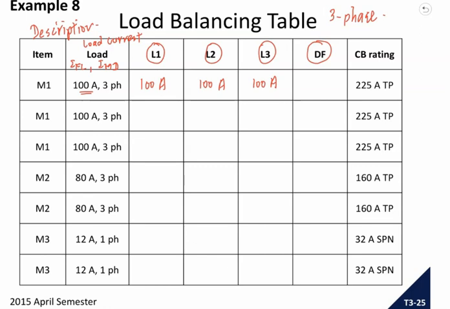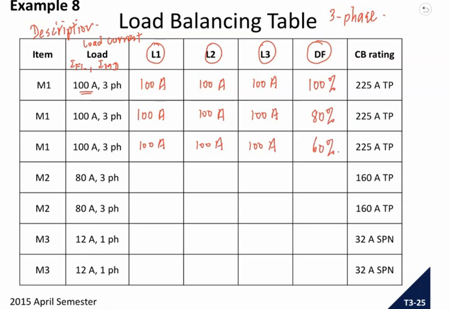To repeat, when we say 100 amp full load, it means that across all three phases, we expect to see 100 amps. And if we apply diversity, the first one, the largest one, will be at 100%, the second one at 80, and the third one at 60.